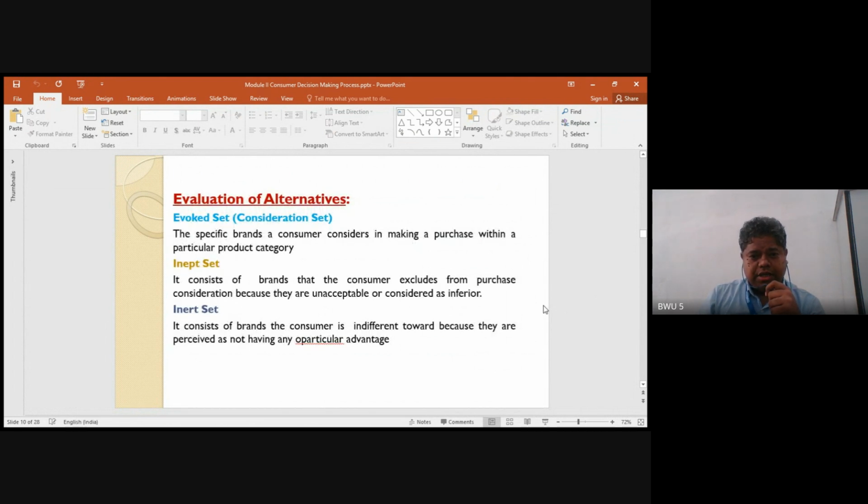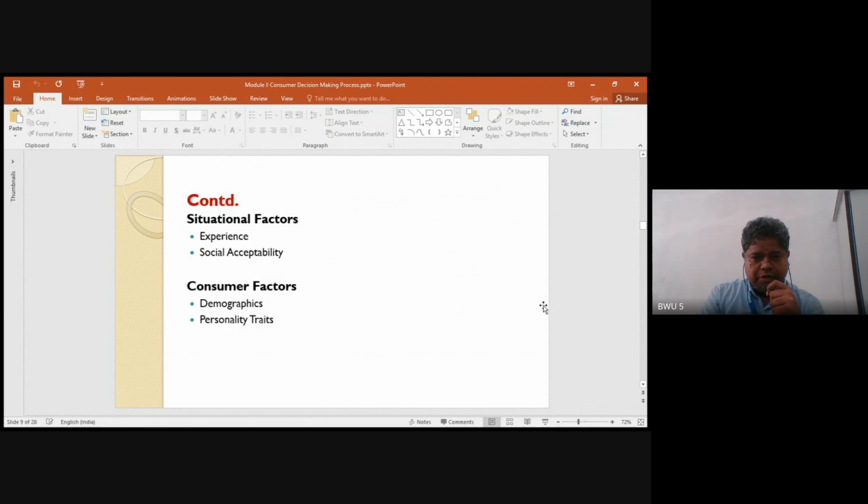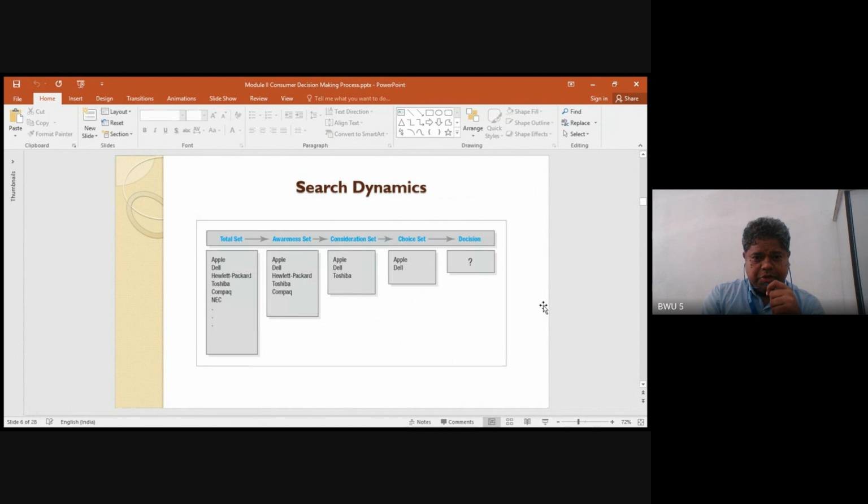The next step is evaluation of alternatives. The search process is now complete. If we look at the search dynamics, a very good example we can see is the total set available.